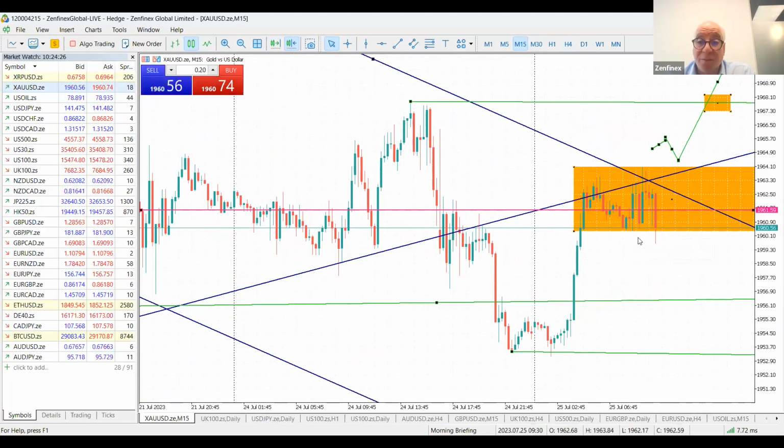What I mean by liquidity grab, there'll be lots of traders who are doing a similar kind of analysis, and they'll be putting their buys and sells above these levels. And if I go down here, right, this might have been to take the breakout traders onto the wrong side, get them stopped out before the continuation to the up move.